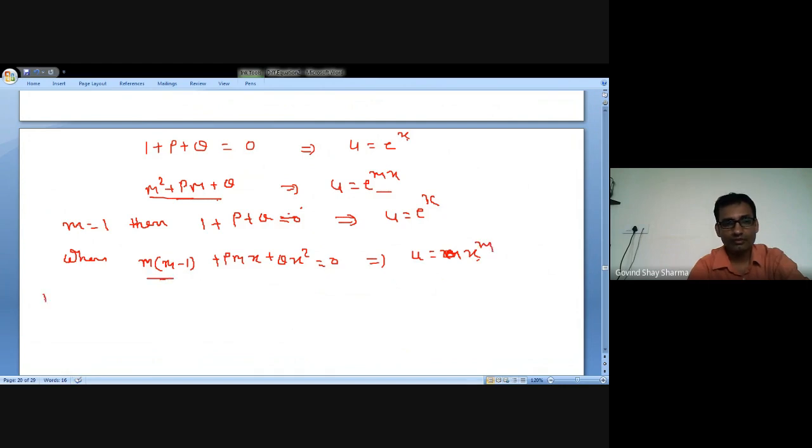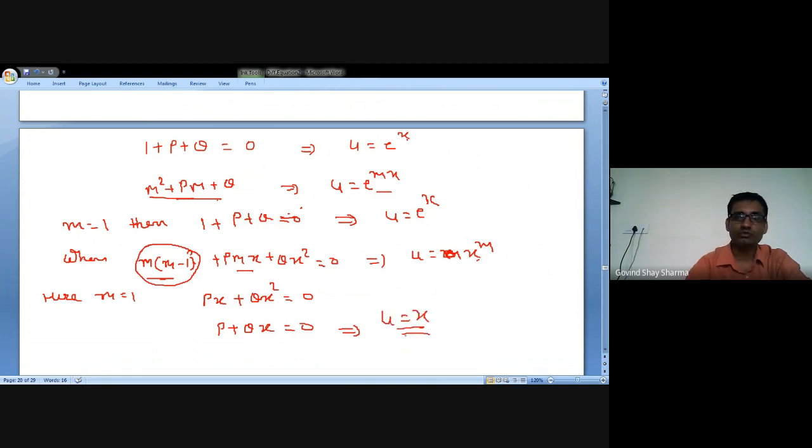Here we put m is equal to 1, this first term will become 0, and px plus qx square gives p plus qx is equal to 0. That means y is equal to x to the power m is the solution.